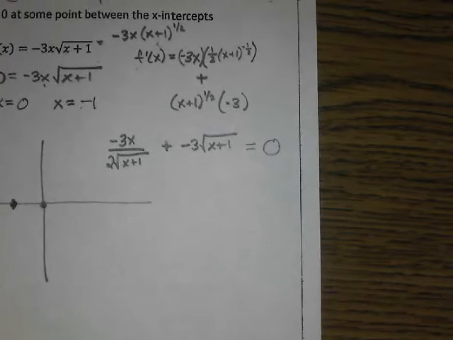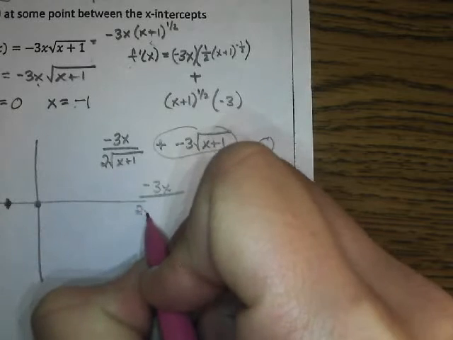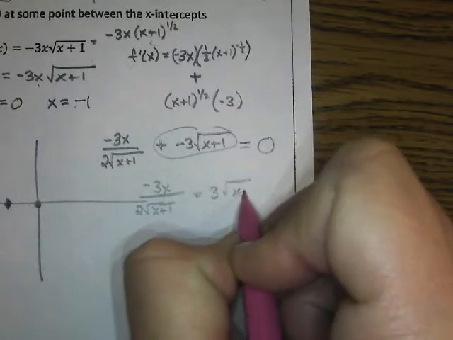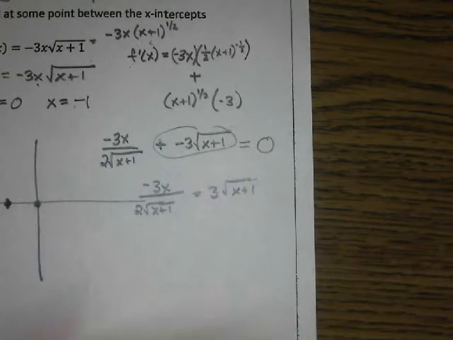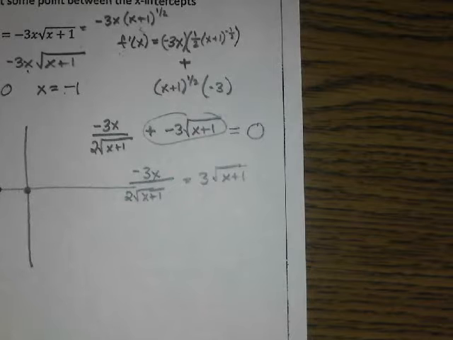So -3x over 2 root x plus 1 equals 3 root x plus 1. Then what? Divide both sides?